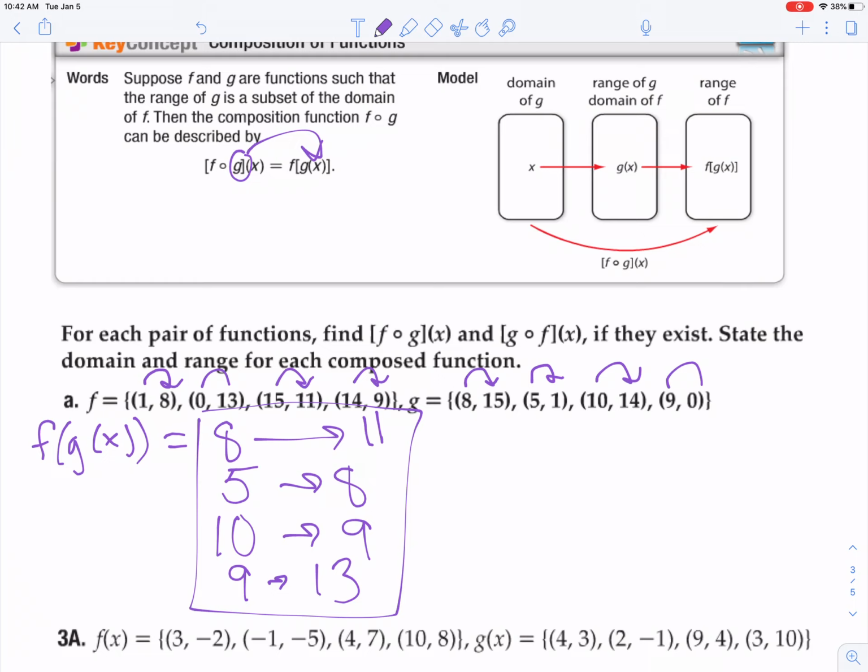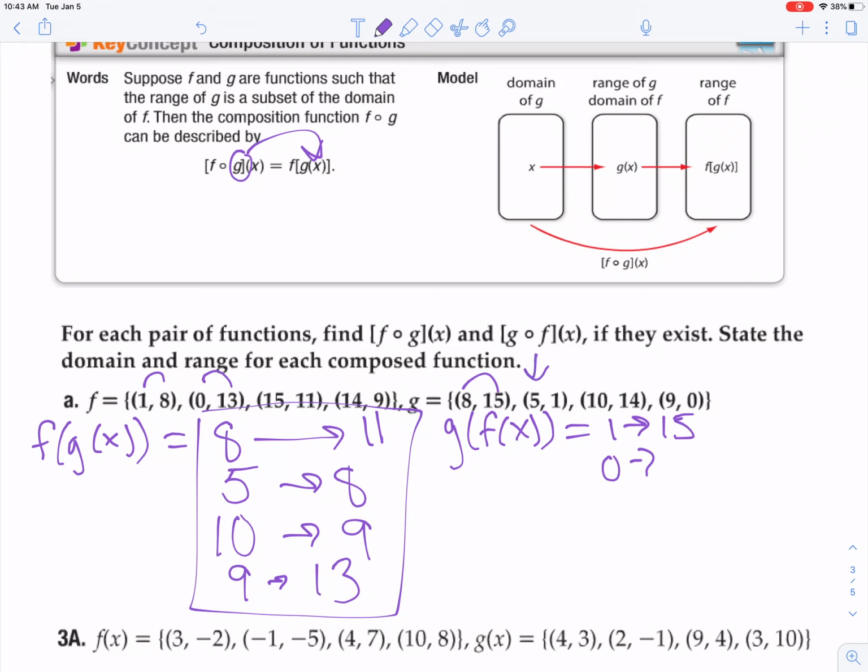Now let's go the other way. If I want to do g of f of x, then you're going to start over here, erase all that, with the f function, since the f function is what's on the inside. 1 becomes 8. 8 goes to 15. 0 goes to 13.